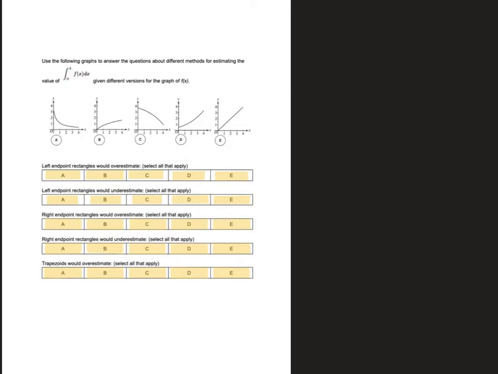And so this is asking us, okay, we've got 5 different options for the picture. Well, in which of these options would a left endpoint rectangle approximation overestimate the actual value of the area underneath the curve? And we can draw some pictures, of course, and see what that will look like.